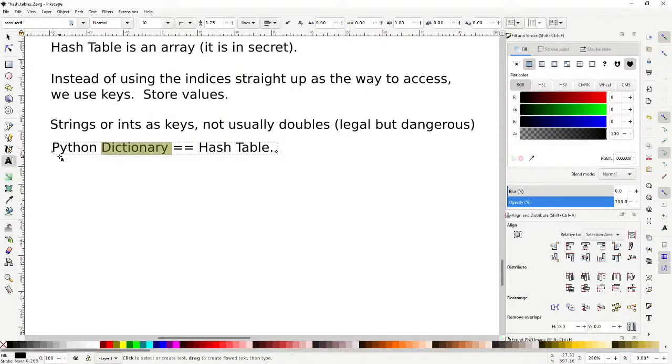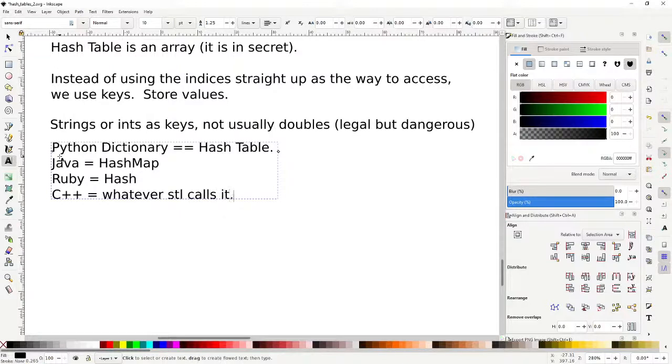If you actually look at their implementation, they openly call it a hash table inside of it. They just decided to rename it. In some other programming languages like Java, they call it a hash map. In Ruby, they call it a hash. In C++, they call it whatever STL calls it, right? The point is that we generally call it a hash table.